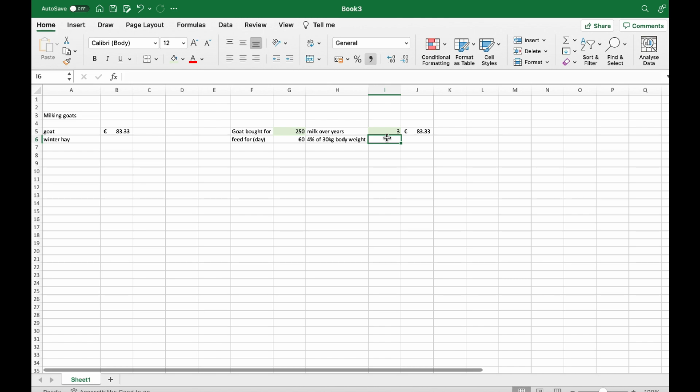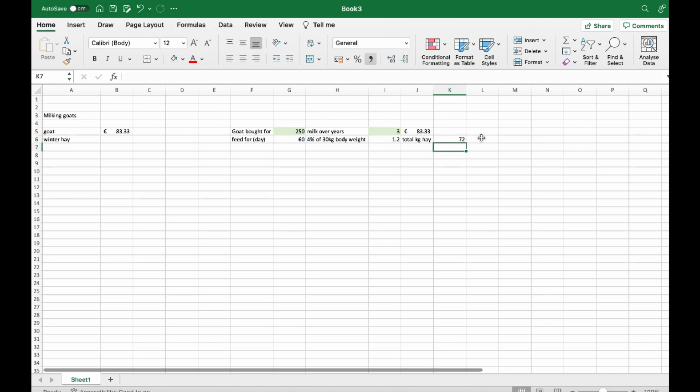So it's going to be equal to 30 kgs multiplied by 0.04 for 4%. So they need to get 1.2 kgs of hay. So the total kgs of hay is going to be equal to 60 days multiplied by the 1.2 kilos a day, 72 kilos.